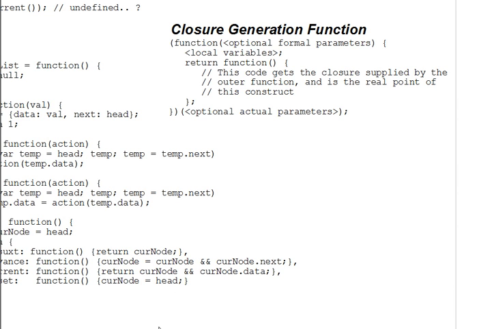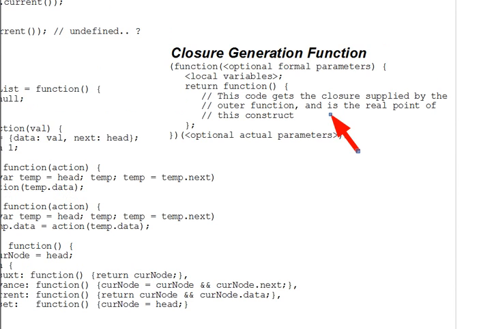So what we have then is an anonymous function, possibly with parameters, that then declares local variables forming a closure, and then returns another anonymous function, which benefits from that closure, and is the real point of this construct. You then immediately call the closure generation function, again possibly supplying parameters, and the net result is this anonymous function with its closure attached.